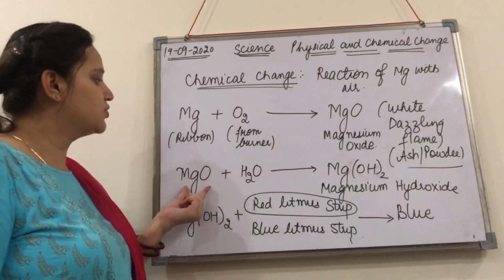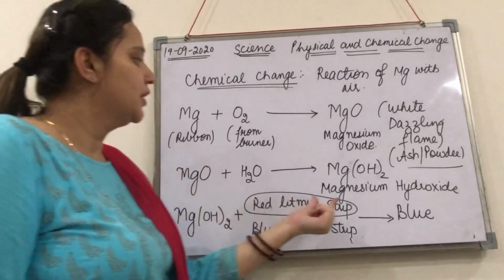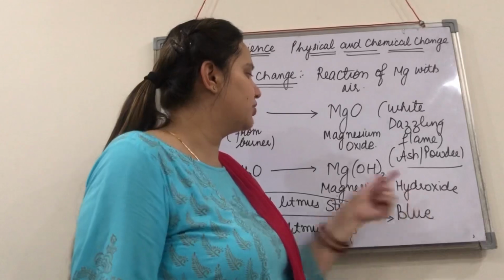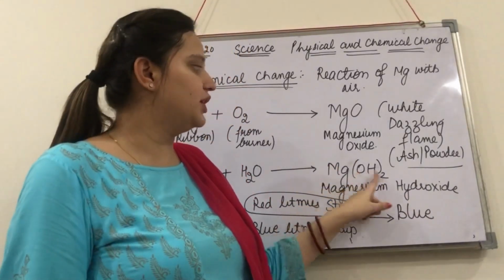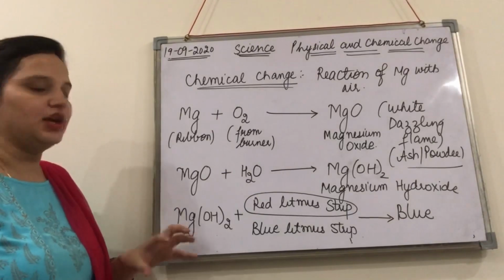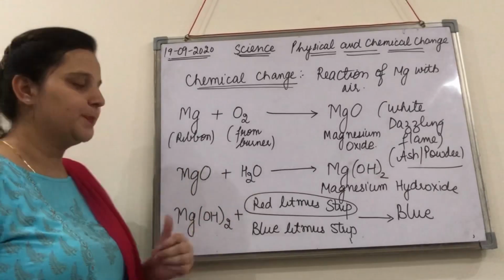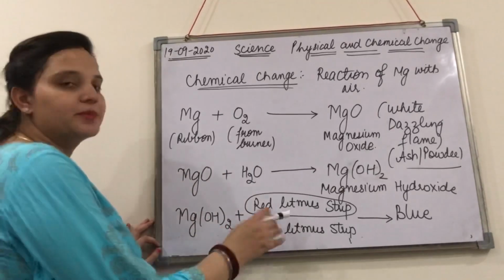When we take this white powder and add water to it, it gets converted into magnesium hydroxide, which is Mg(OH)2. Now if we want to check whether this magnesium hydroxide is an acid or a base, we are going to perform a litmus test.